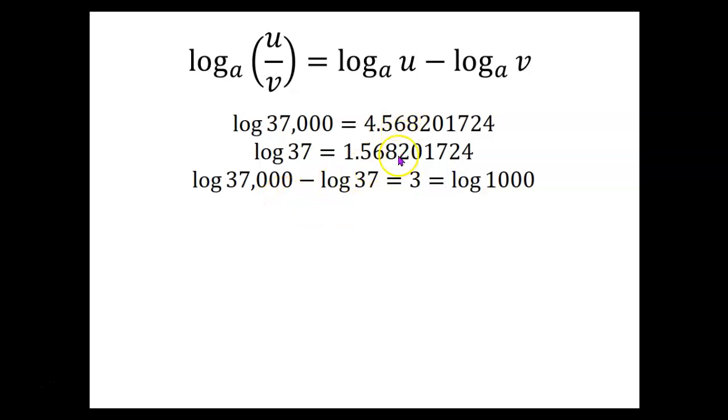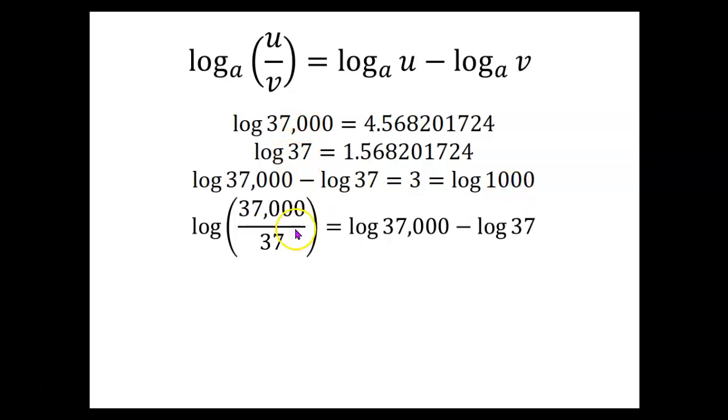And then if you subtract those numbers, the 4 point something minus the 1 point something, you get 3. And that's the log of 1,000. But 1,000 is 37,000 divided by 37.